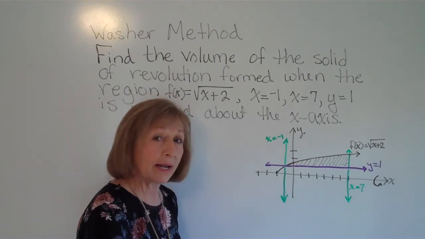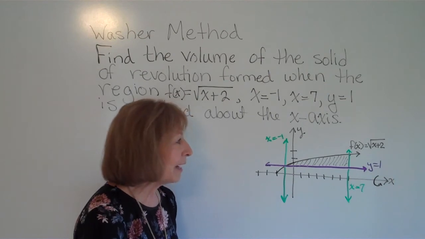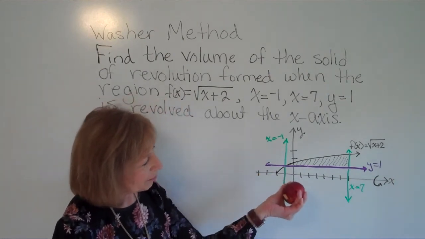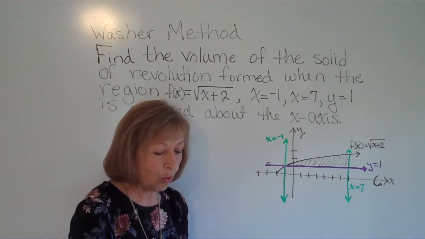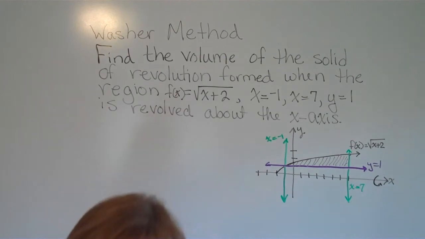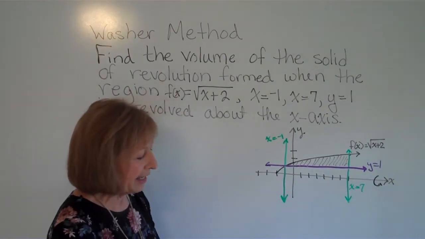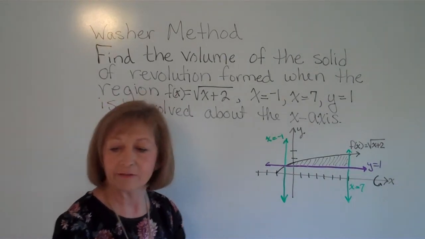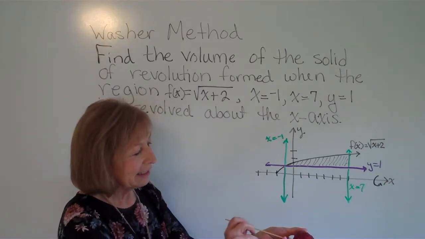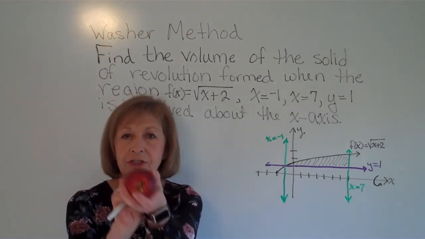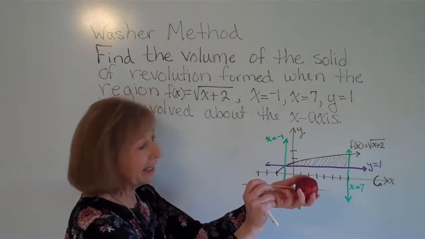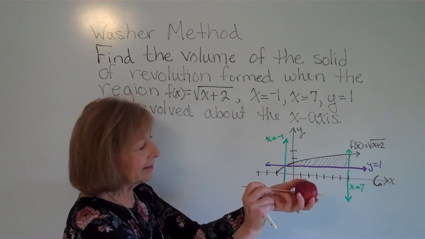Well, think about possibly having this apple. Now if I took this apple and I actually core out the middle of it, and I think about that being my solid of revolution and this being my axis, notice that the axis of revolution would go through where you have void between the region that was spun around to make this.